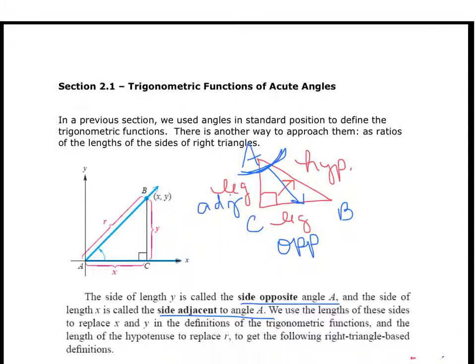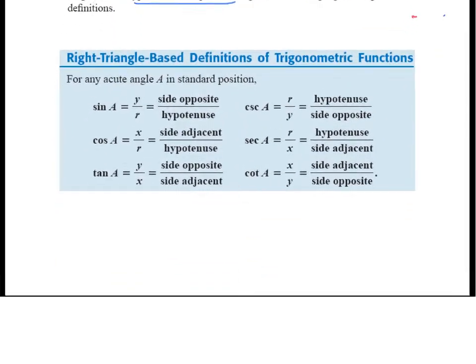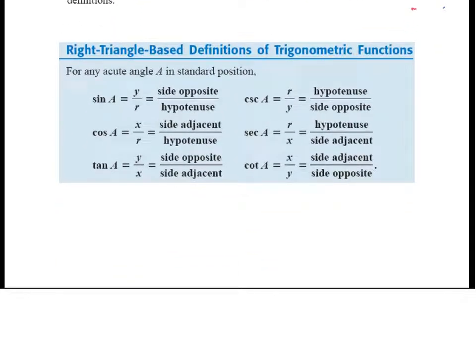And instead of using r, like we used when we were dealing with the distance formula between the origin and a point in the coordinate plane, r is now simply just the hypotenuse. And that's where these functions come from, okay?